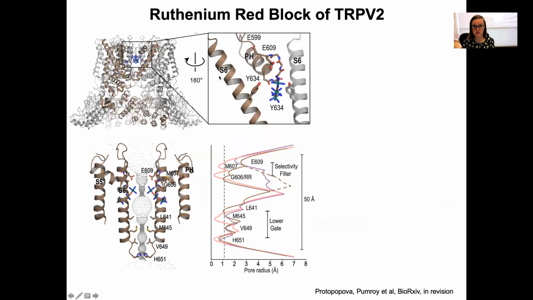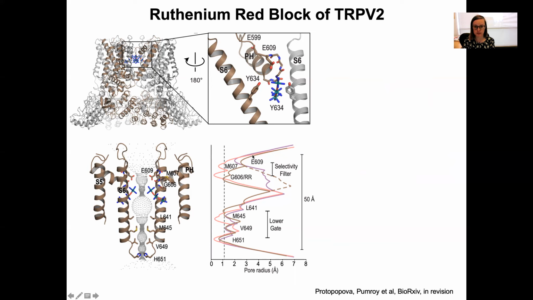And here is the atomic representation of how we think ruthenium red interacts with the pore of the channel. It goes inside the pore because the pore is widened in this ruthenium red 2 state, similar to the apo 2 state that I showed earlier, and basically blocks the pore, presenting a very tight block in the selectivity filter.